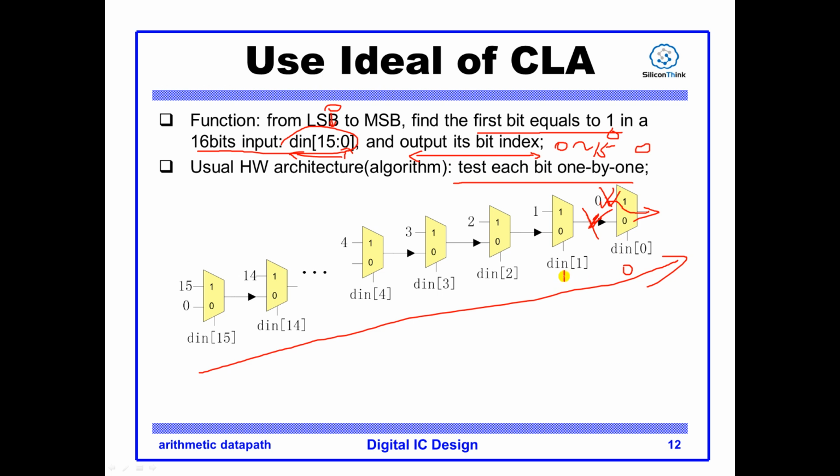This input is 1, so this value is passed to the output. So you can use 16 muxes to implement this logic, just cascade them one by one. So the delay would be 16 levels of 2-input muxes.